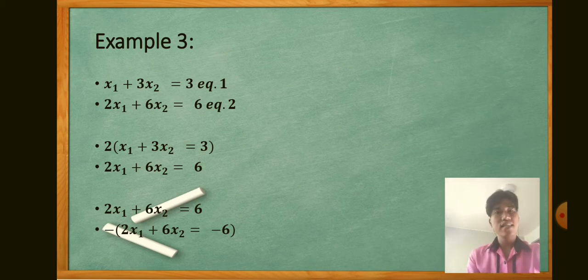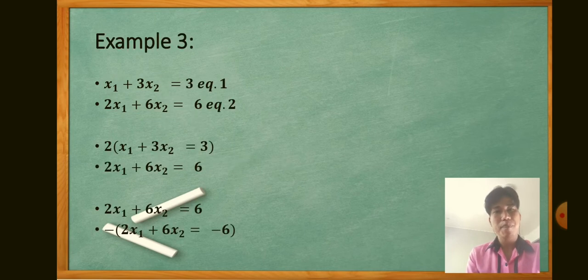Now, we should eliminate x1, so by multiplying by 2, the same process. 2 times x1 plus 3x2 is equals to 3 will become 2x1 plus 6x2 is equals to 6. The same process, we need to multiply equation 2 by negative. Negative times 2x1 plus 6x2 is equals to negative 6.